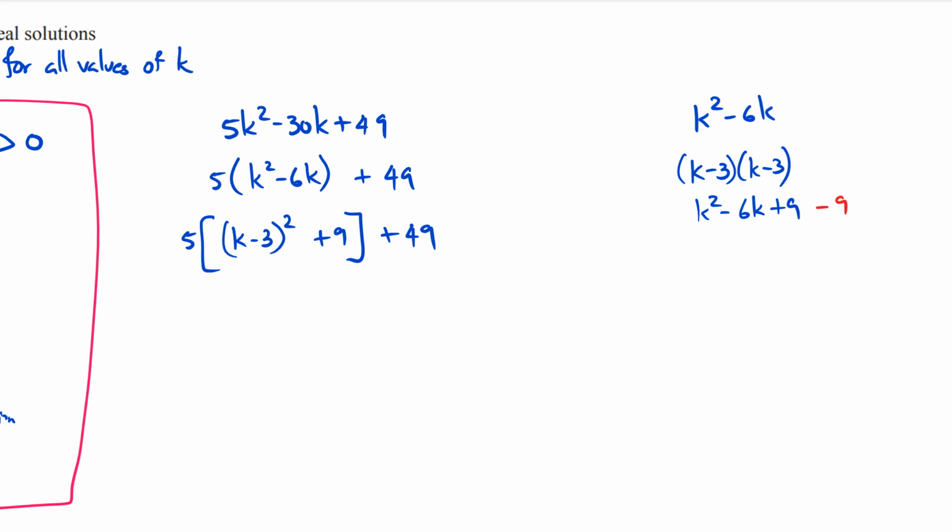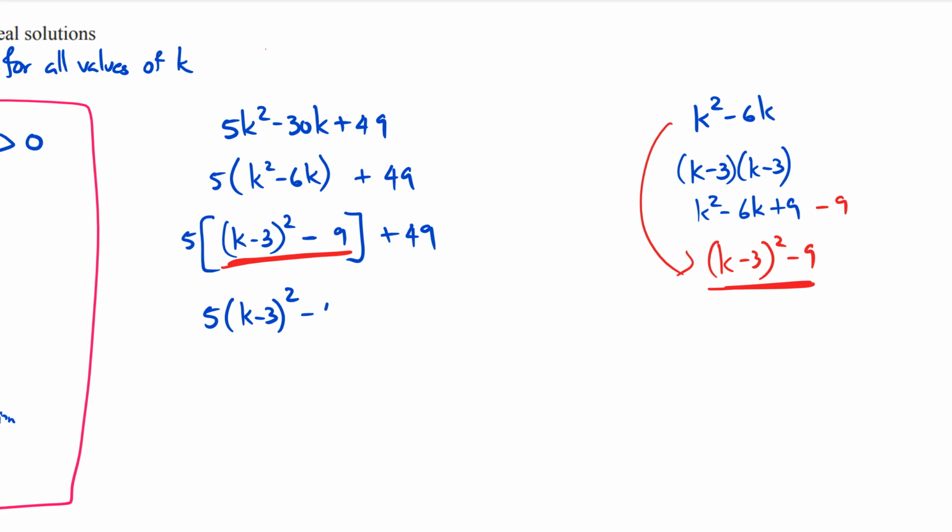So this could be written as k minus 3 squared minus 9. That's basically what I did here, but I should have put it as minus 9, not plus 9. Sorry. So at this point, I can expand it, and I'm going to get 5 times k minus 3 squared minus 45 plus 49, which would mean 5 times k minus 3 squared plus 4.